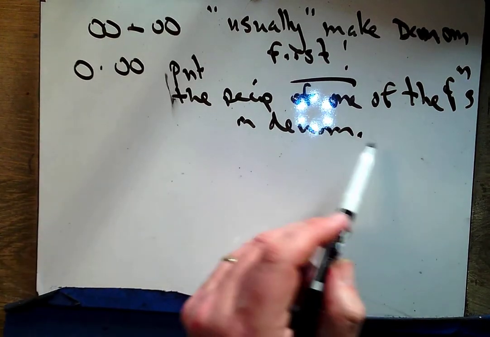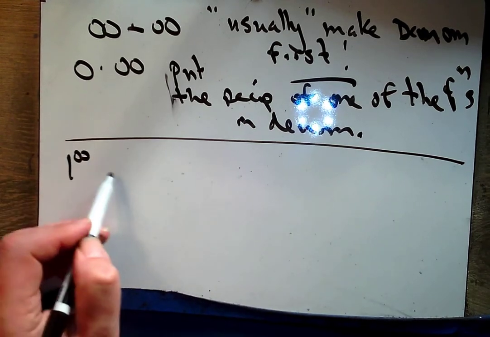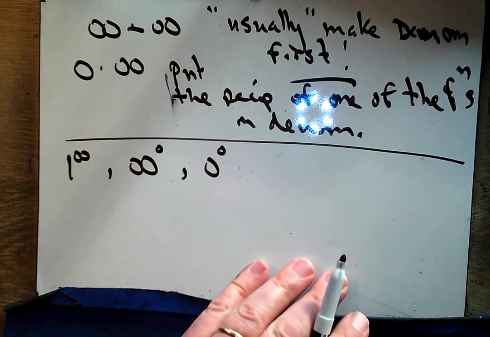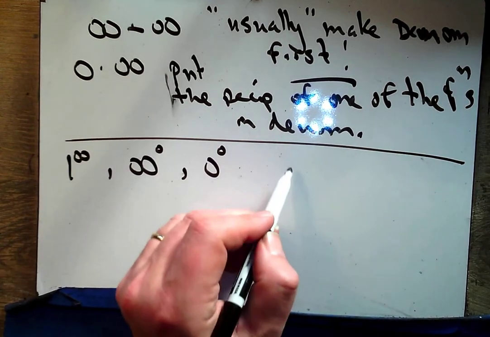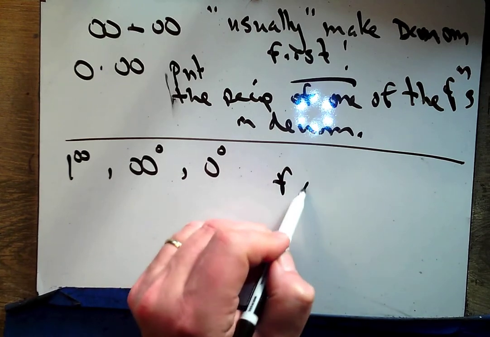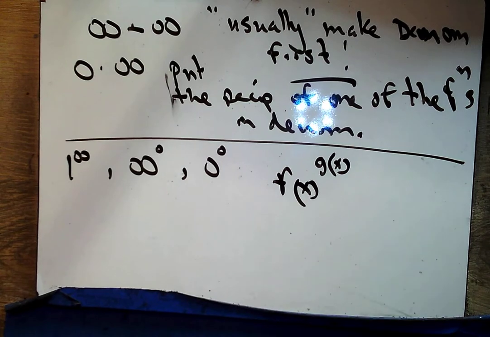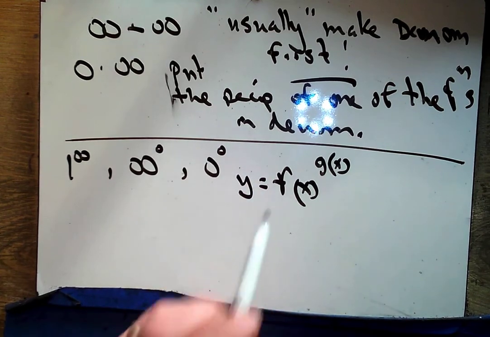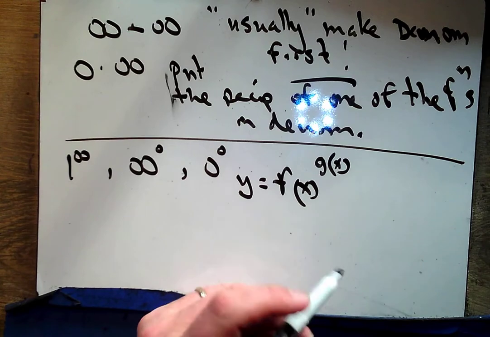Okay, now let's move on to our last type. 1 to the infinity, infinity to the 0, 0 to the 0. So in all of these situations, I'm looking at a function raised to the power of a function, okay? And we know that if y equals this, from our logarithmic differentiation, what would we do?